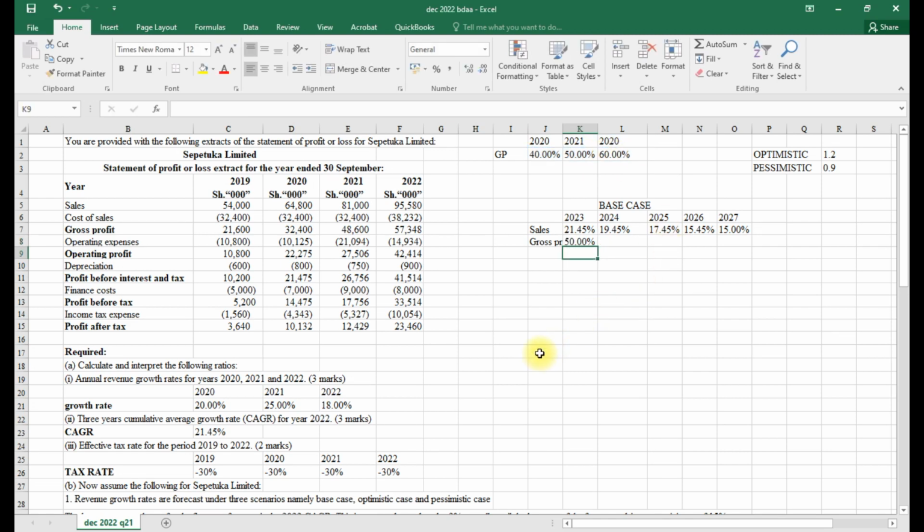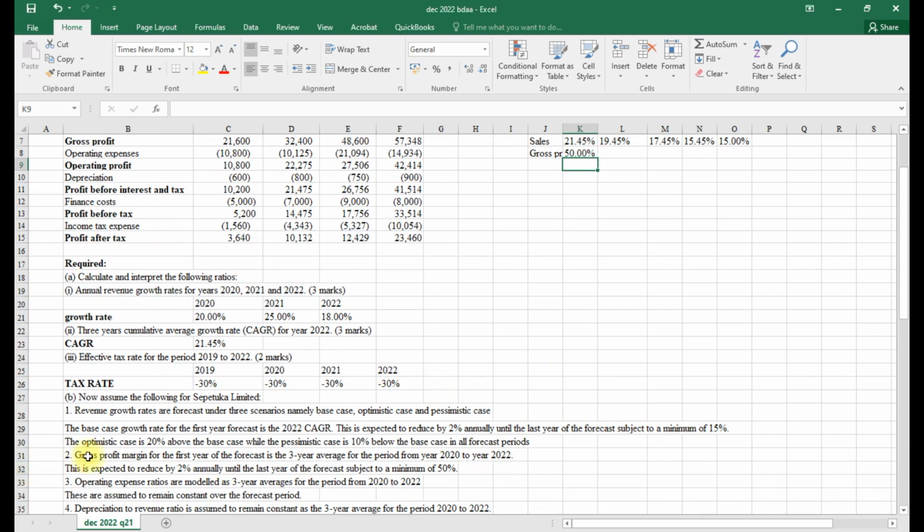So the average will be 50%, and so the gross profit margin for the first year of the forecast will be the 3-year average for the period from year 2020 to year 2022. This is expected to reduce by 2% annually until the last year of forecast, subject to a minimum of 50%. I think I've started with the wrong year then.